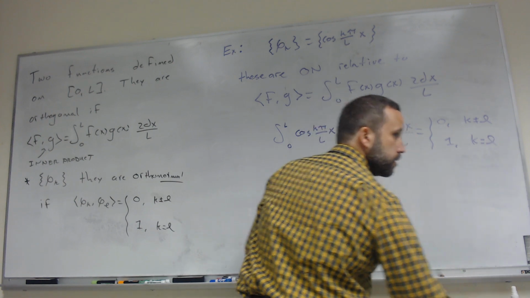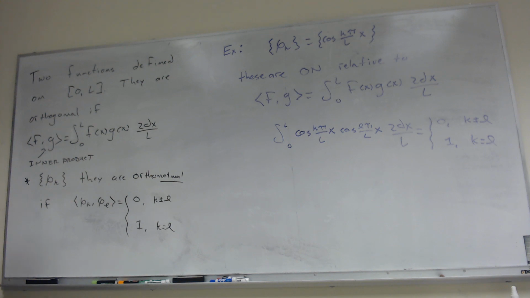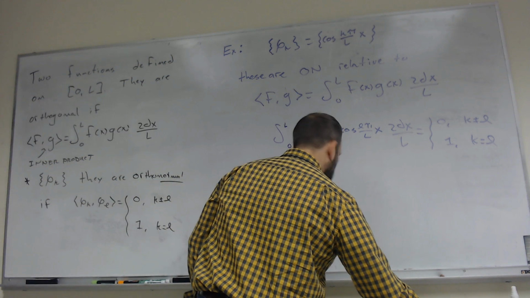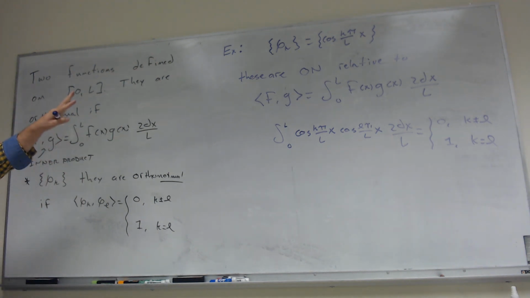Let me get out of the way so you can look at it. Okay, so what we have seen is that the functions, and the same is true for sine functions as well.